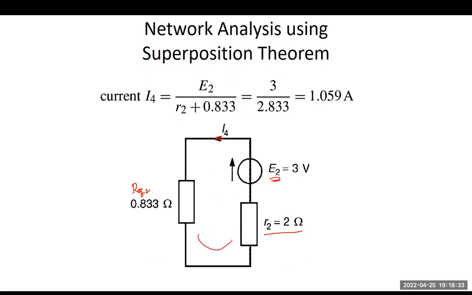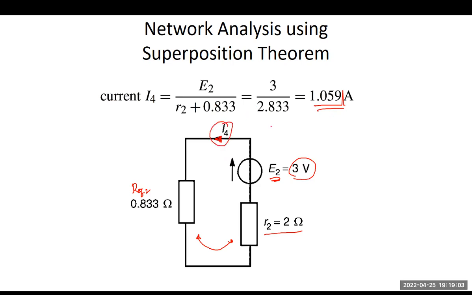We could see again that the two are connected in series, so we could just take the sum of the two and have it as our divisor for our voltage source, and it will give us the corresponding current I4.